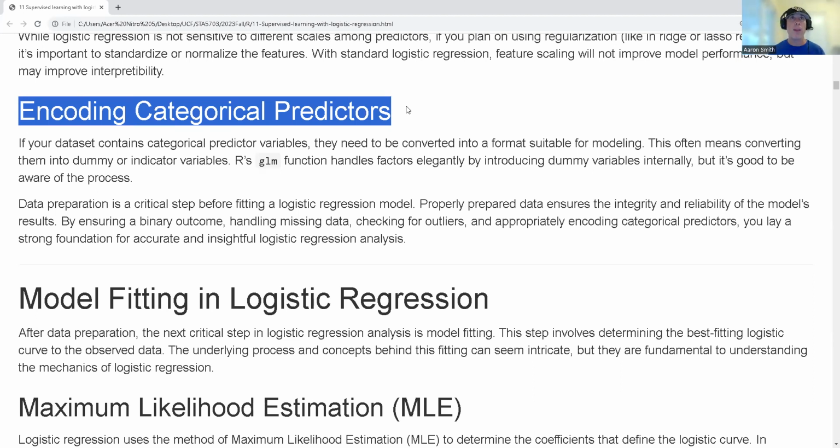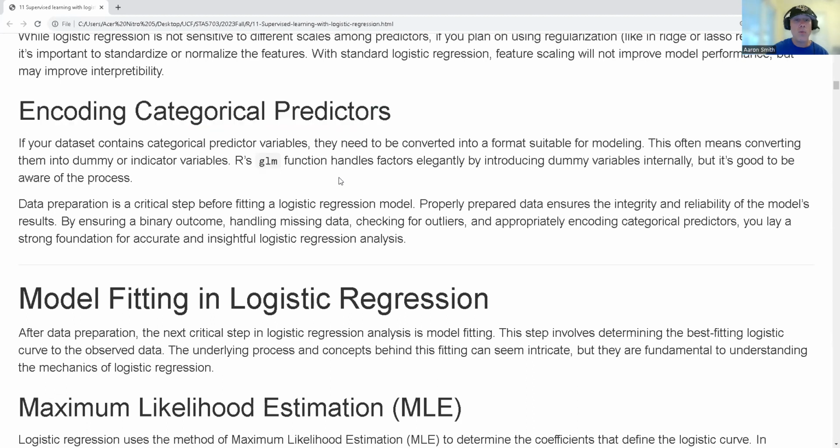That's where we replace the value of the category with the conditional average of the target variable based off of what category we have. And that works out very well. In general, the most common data prep that we do for categorical data is going to be binning. That's very important.